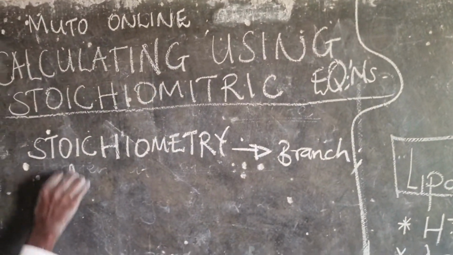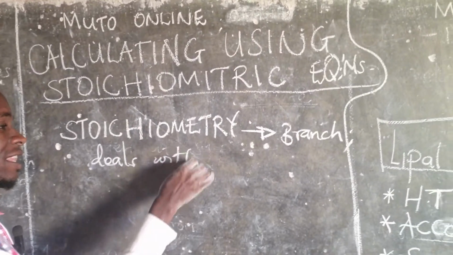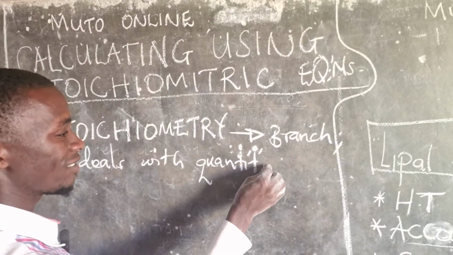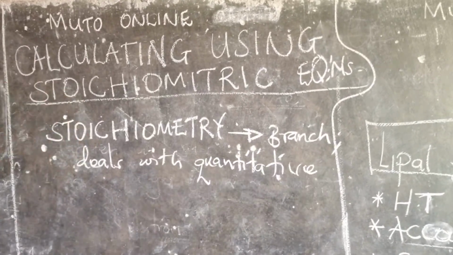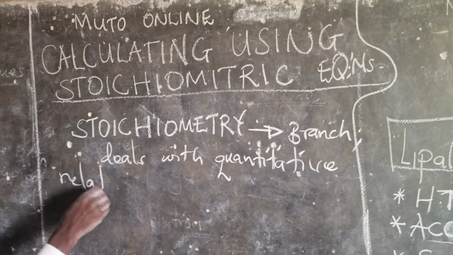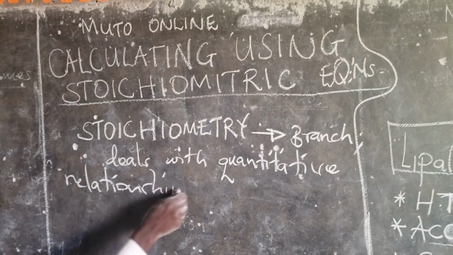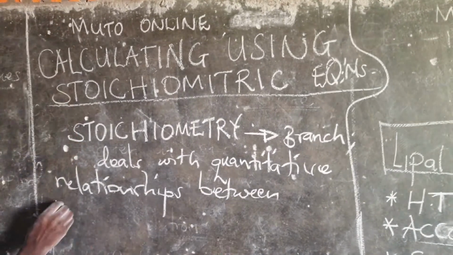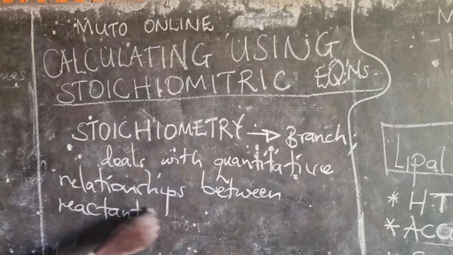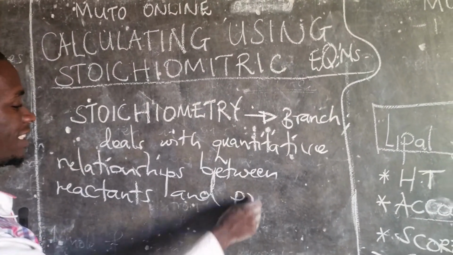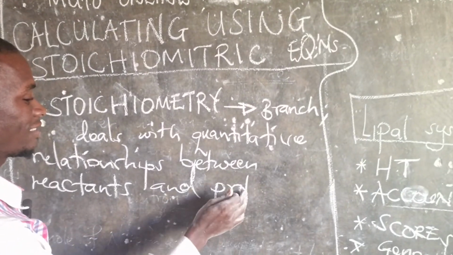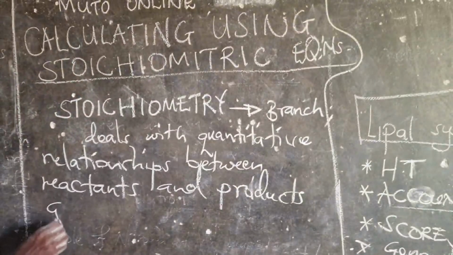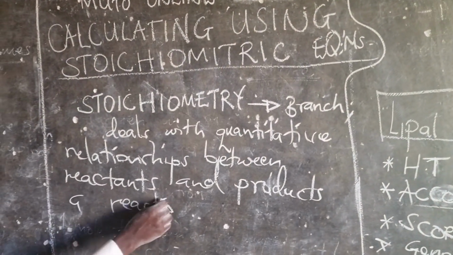This branch of chemistry deals with the quantitative relationship between reactants and products in a reaction.